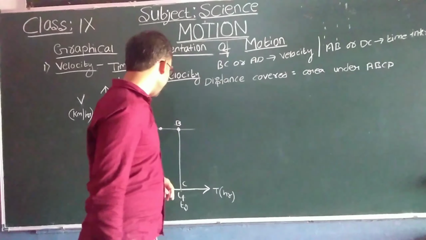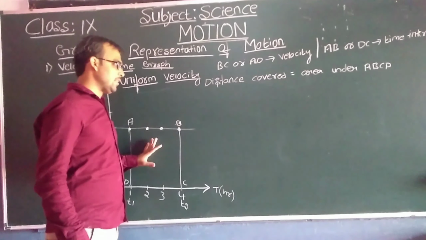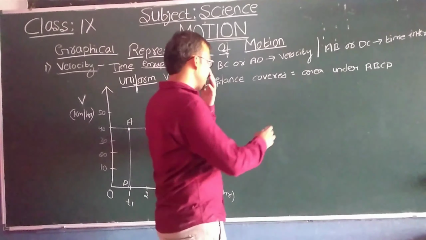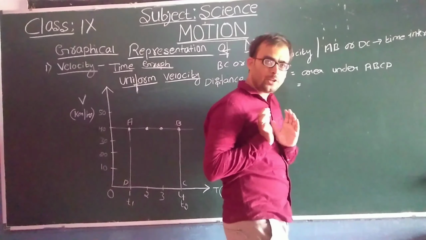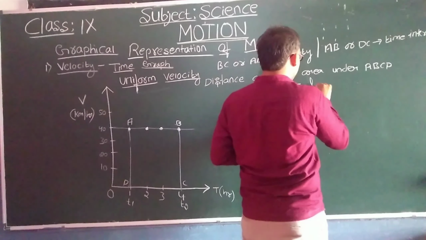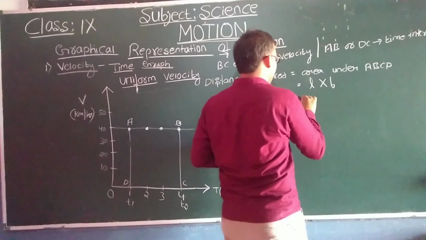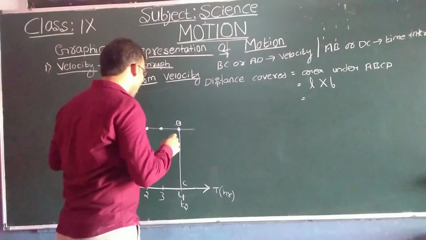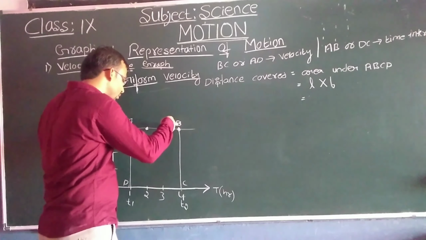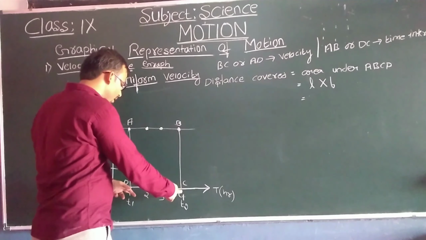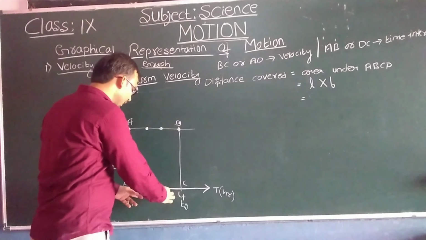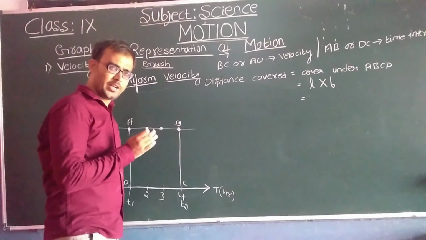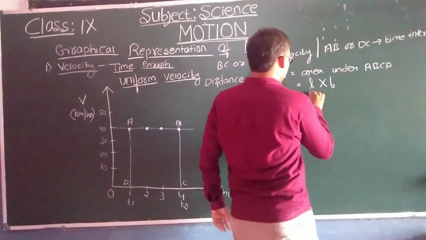As this is a rectangle, what is the area of a rectangle? Length into breadth. Here AB is the length, or DC is the length. The length represents the time interval, t2 minus t1.